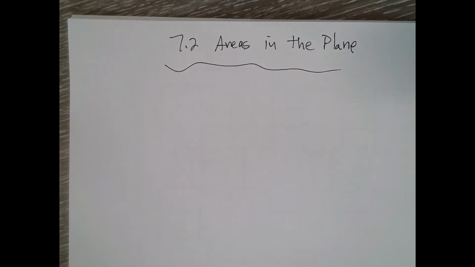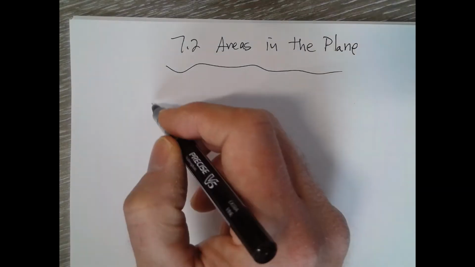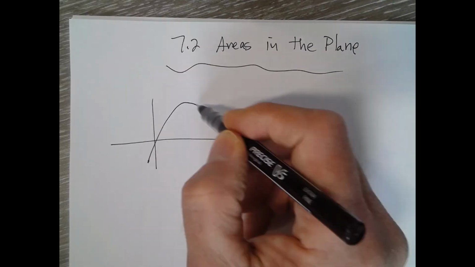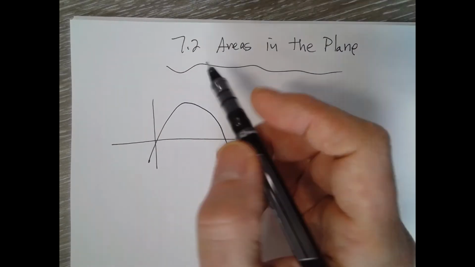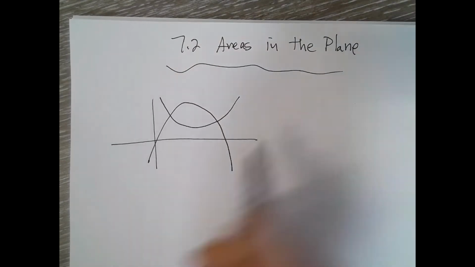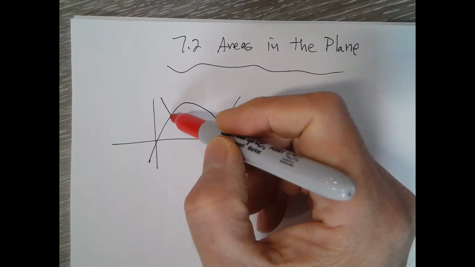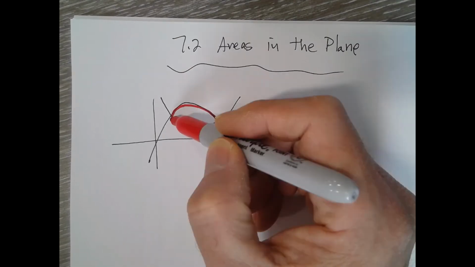Okay, so I'm just going to kind of talk general first, and then I'll give you an actual example, and hopefully it'll tie it all together. So finding the areas, let's say I wanted to find the area under this parabola, between that and the x-axis.